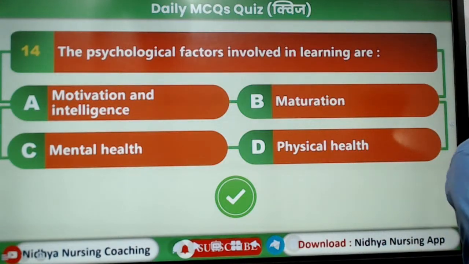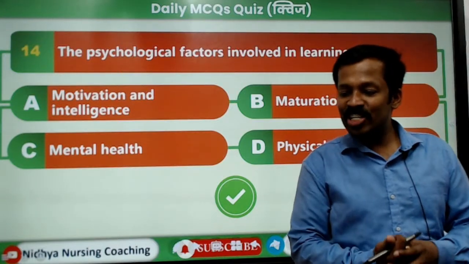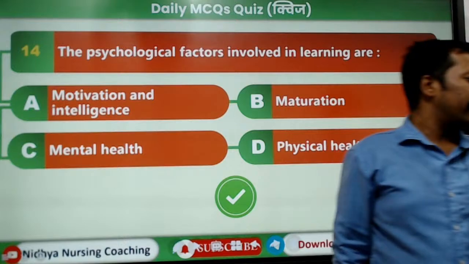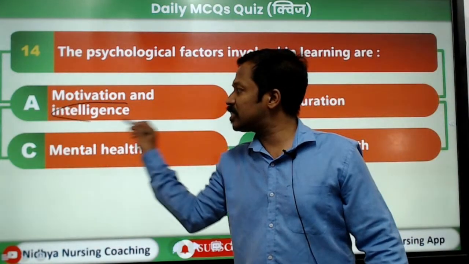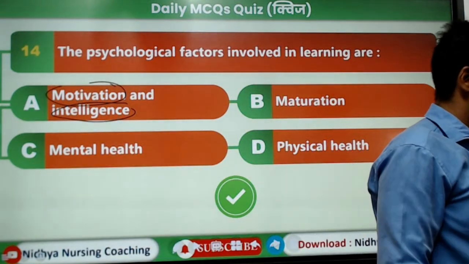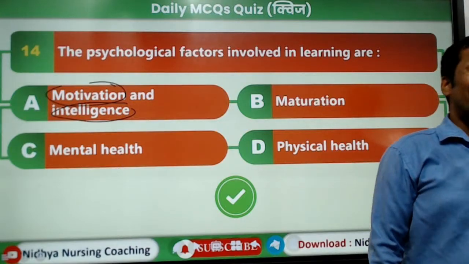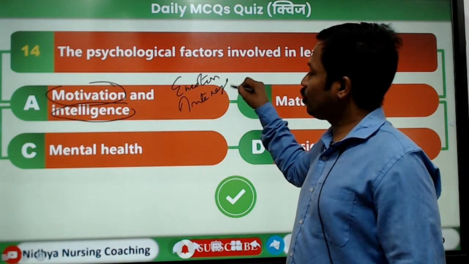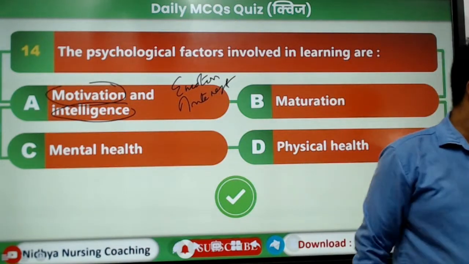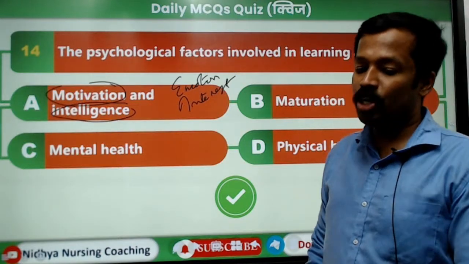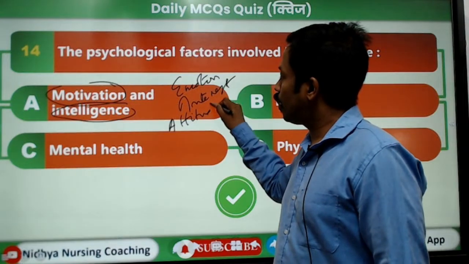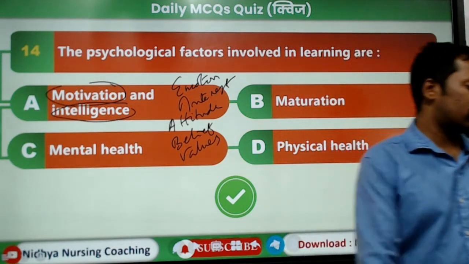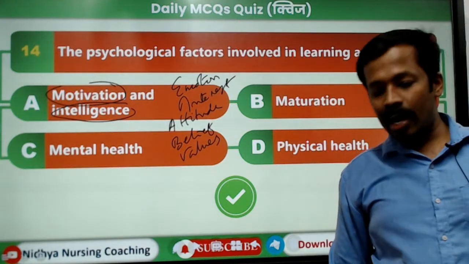Intelligence, motivation, emotion, interest, attitudes, belief, values, and learning styles.